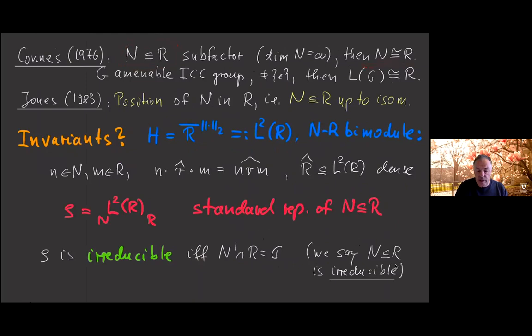Another result that he proved in this context was that if you take an amenable ICC group, so ICC means that all non-trivial conjugacy classes have infinite cardinality, well, then the corresponding group von Neumann algebra, which is just the algebra that you get by looking at the left regular representation of the group on little L2 of G, is actually another copy of the hyperfinite II_1 factor.